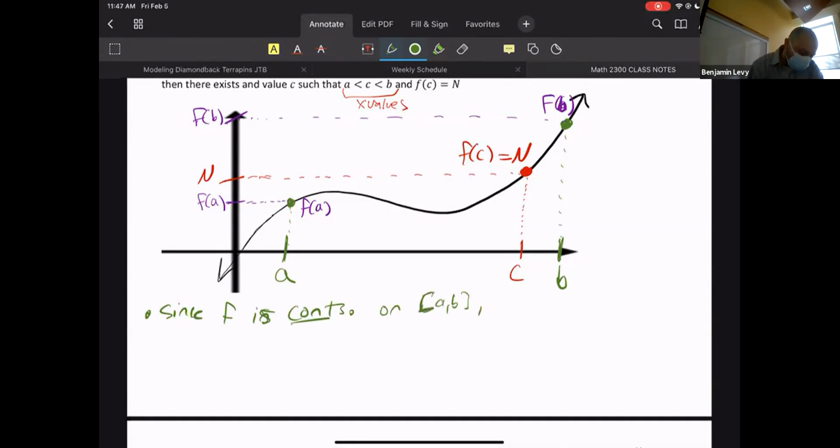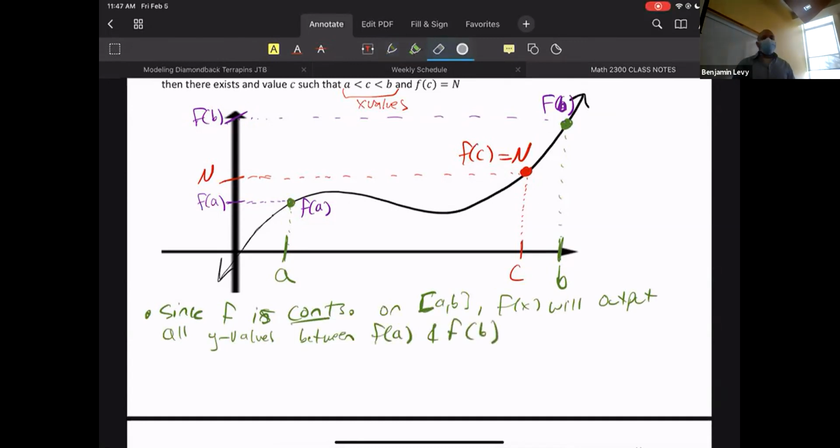Since it's continuous on [A, B], the function will output all the y values between those 2 points. And when I say those 2 points, I mean f of A and f of B. And so if n is somewhere between those 2 things, it's got to hit it somewhere.